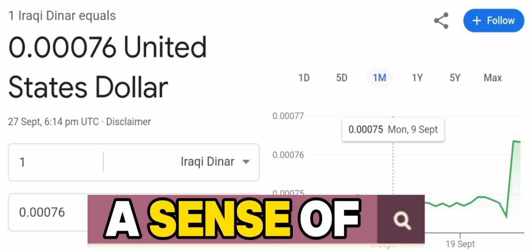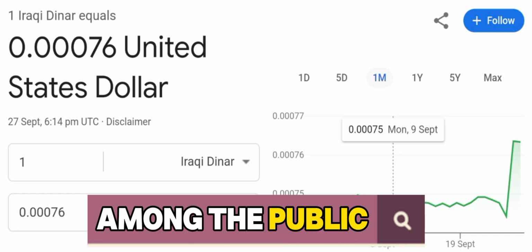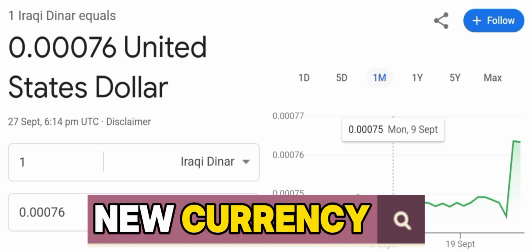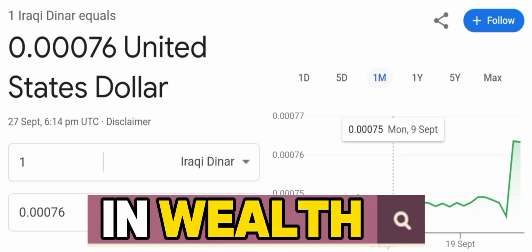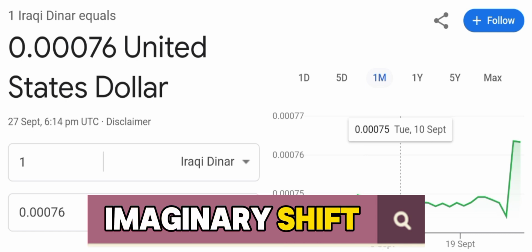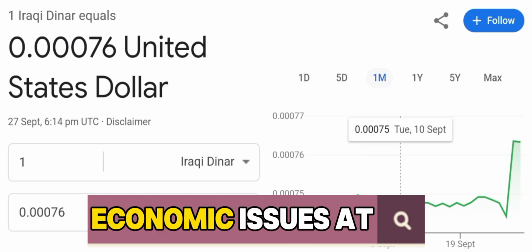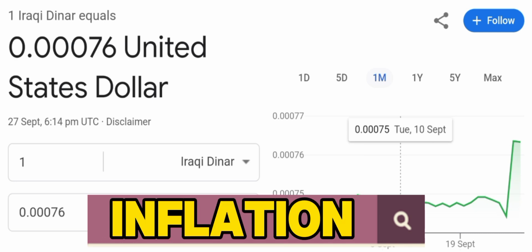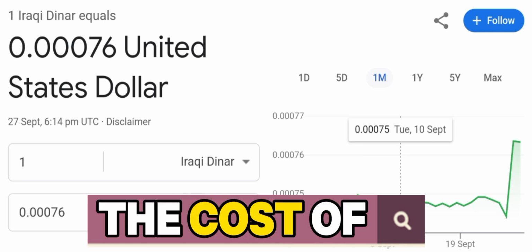This can create a sense of disillusionment among the public, who may initially believe that the new currency represents an increase in wealth. In reality, deleting zeros is an imaginary shift that doesn't address the deeper economic issues at play, such as inflation, currency devaluation, and the cost of living.